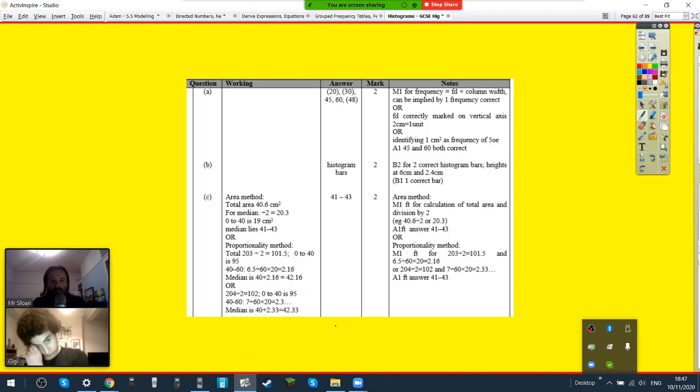Maybe they called that 42 minutes, did they? So they accept 41 to 43, anywhere there. Let me see. So the total area 40.6 for the median. You divide by 2, 20.3. Proportionality method. So these are just the A-level methods, really.